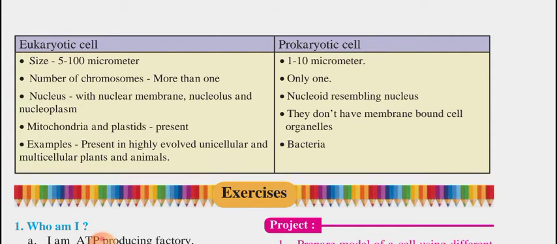For eukaryotic cell, the nucleus is with nuclear membrane, nucleolus, and nucleoplasm, and in prokaryotic cell, a nucleoid resembling a nucleus, not that much developed. In eukaryotic cell, mitochondria and plastids are present, and in prokaryotic cell they don't have membrane bound cell organelles. Eukaryotic cells are present in highly evolved unicellular and multicellular plants and animals. Prokaryotic cells are in bacteria.